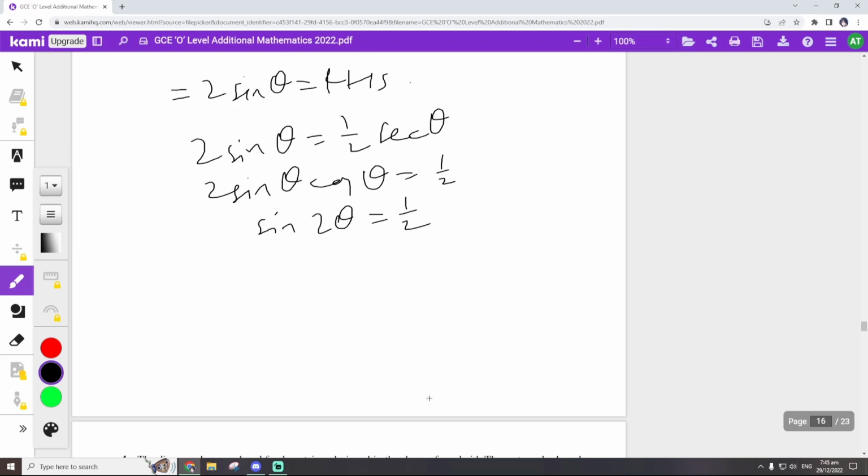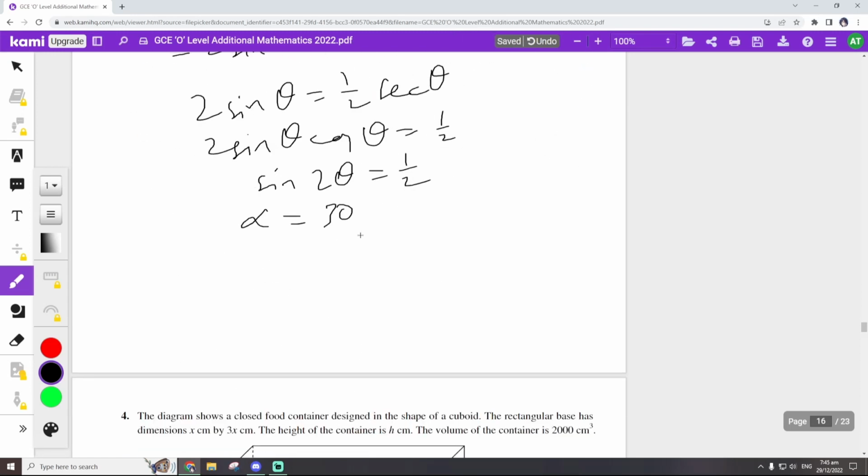And we know what the basic angle for this is. Alpha equals 30 degrees. It is in degrees, right? Yeah.